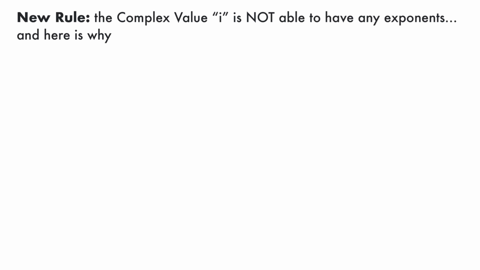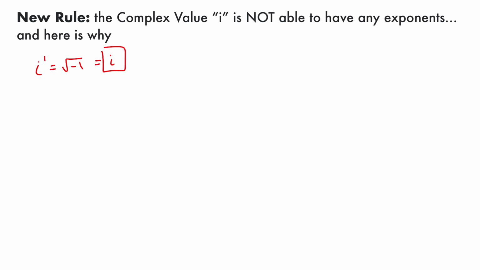I'm going to start first with a statement from the previous lesson that again is going to feel like a statement, but it's really, really important for what we're about to do. i to the first power is just the square root of -1, which is equal to i. We are going to formulate the rest of our understanding of complex values with exponents based off of that information.